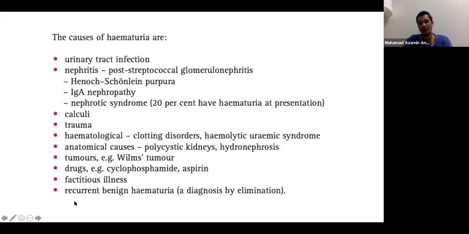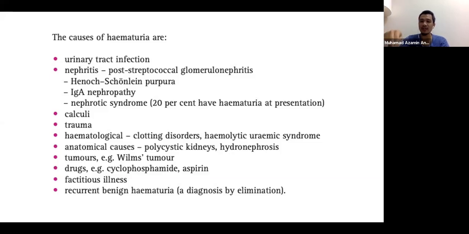Factitious illness, I don't know whether you have heard about this before. It is almost the same as Munchausen syndrome by proxy, meaning that somebody fabricates the evidence of the illness. For example, if the parents have psychological problems or mental issues, they want to seek attention from somebody else.